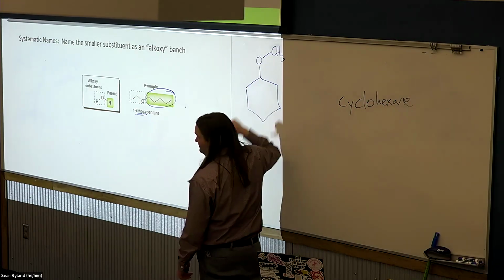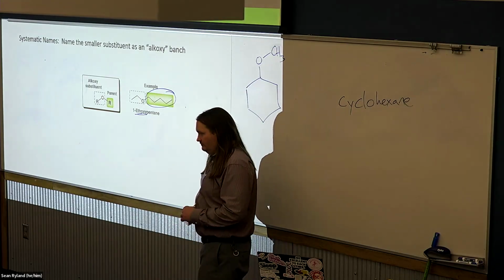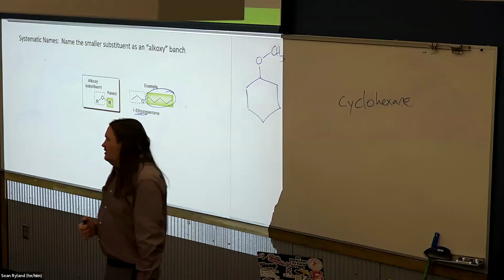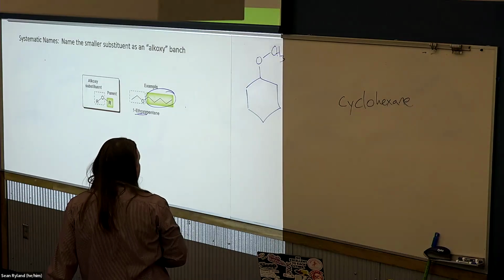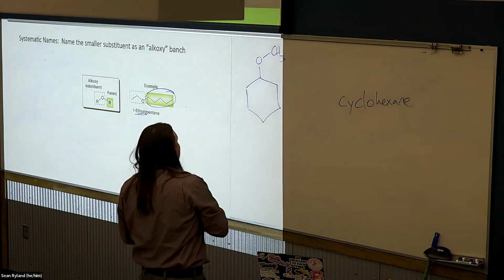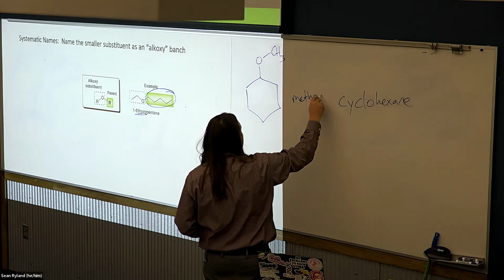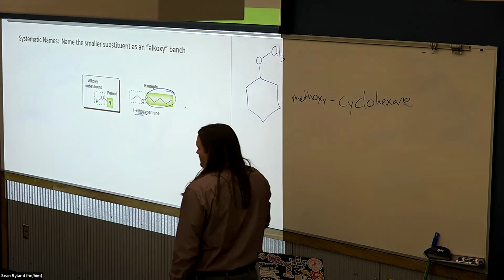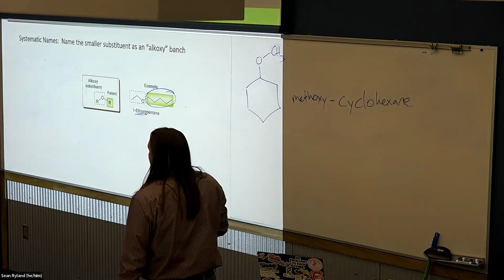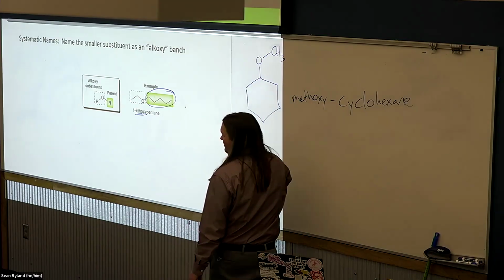And then the smaller side of the ether is a methoxy group, because it's oxygen and then 1 carbon.